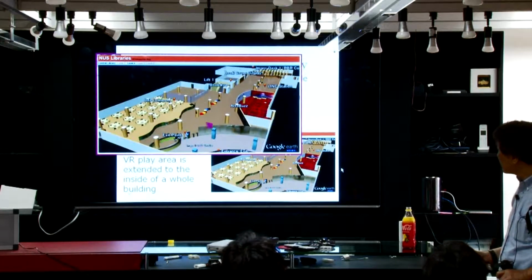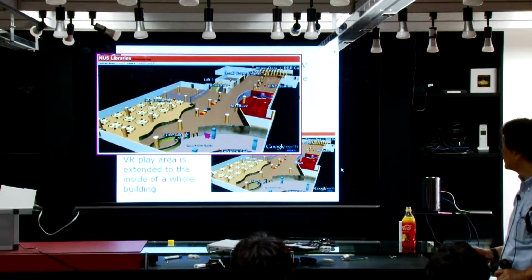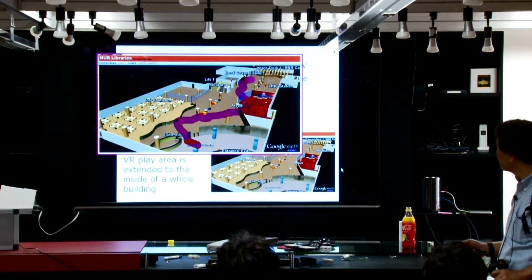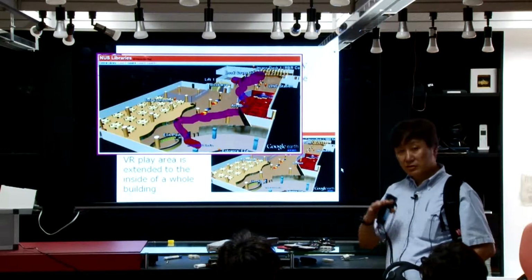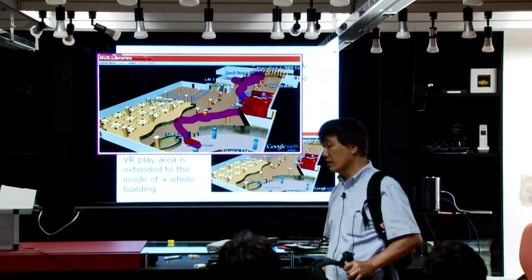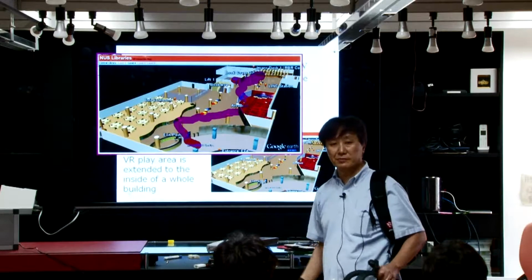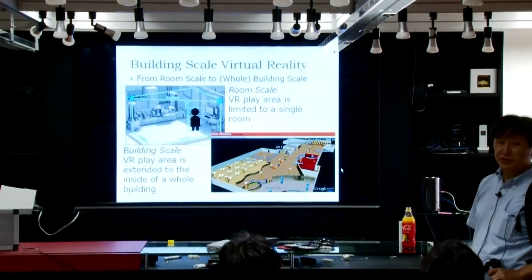If this is a virtual reality space, then people can move around inside the building like this, and experience the building virtually, but it's the same as a real building. That is called building scale.